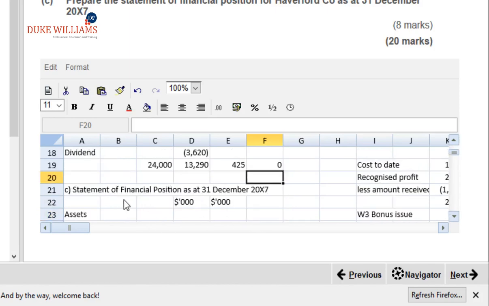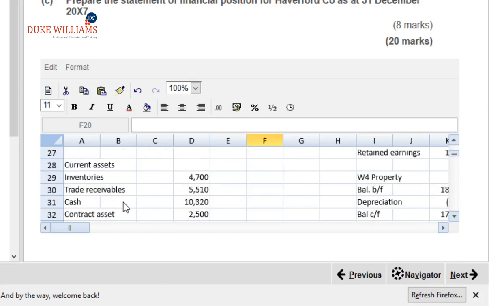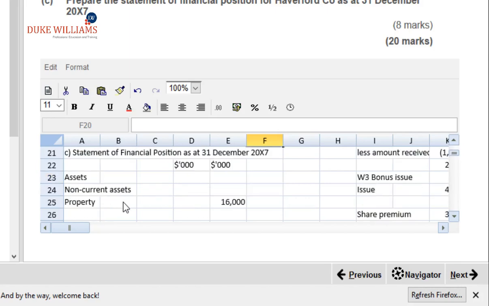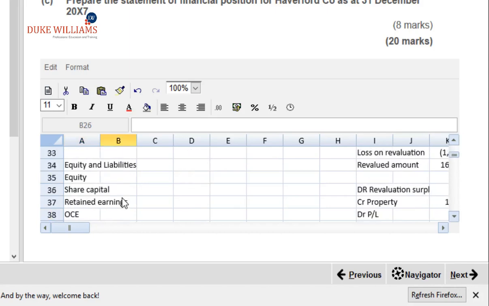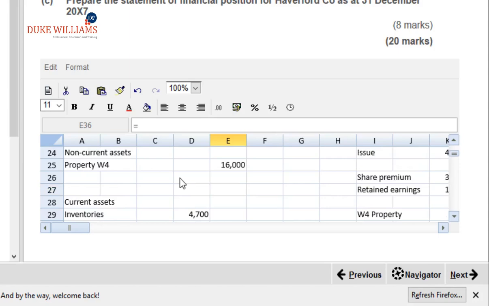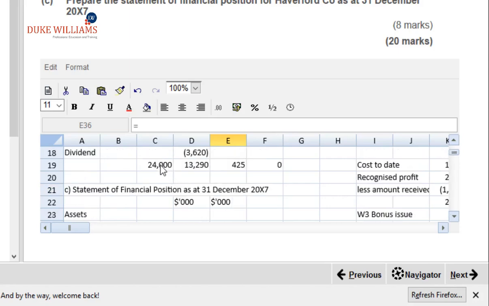So quickly, let's go to our financial position and see what we have. Property is working for. We have our inventories. Our share capital now should give us what we had from the total of the statement of changes in equity.